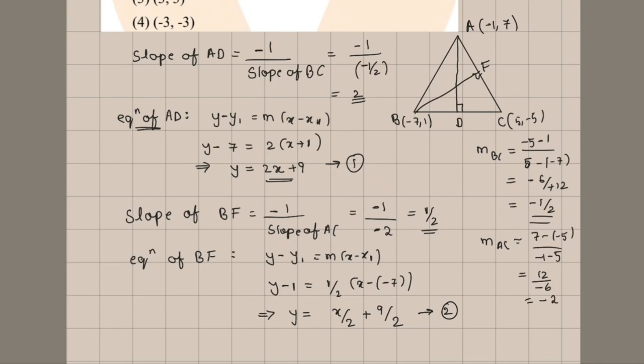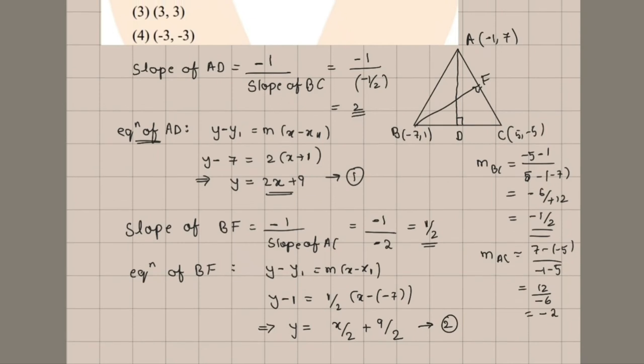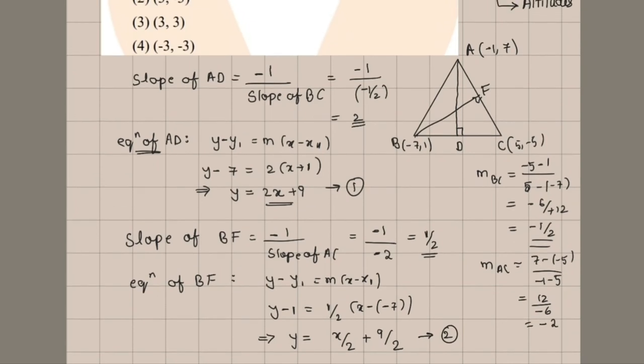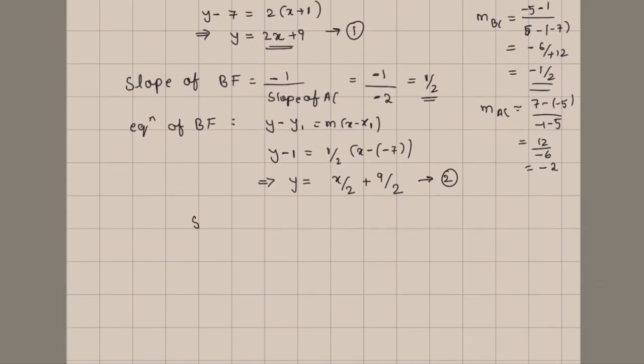If you solve these two equations, so now we need to solve 1 and 2. Just subtract 1 and 2 so that y gets eliminated. Then you get 2x minus x by 2 plus 9 minus 9 by 2 equals 0, which is 3x by 2 plus 9 by 2 equals 0.